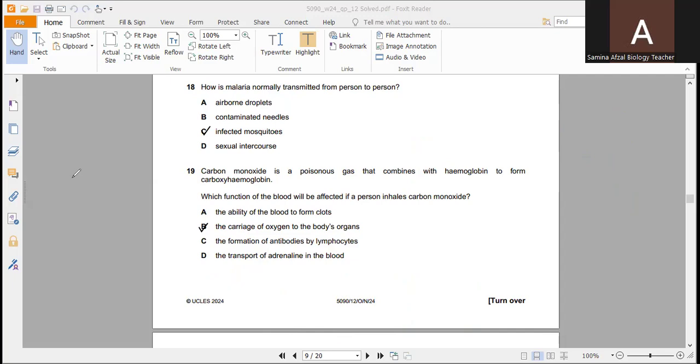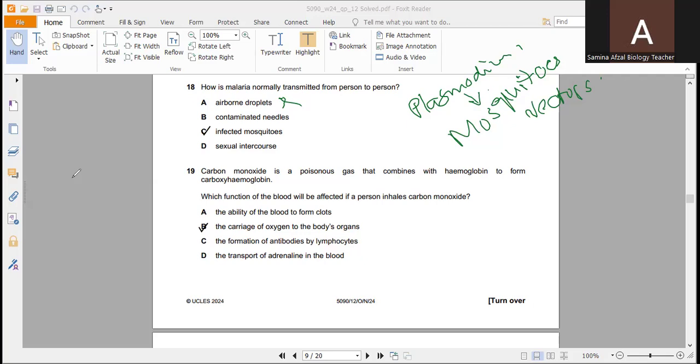Malaria is caused by a microorganism, Plasmodium. Mosquitoes act as vectors which transfer the Plasmodium from an infected person to a healthy person.